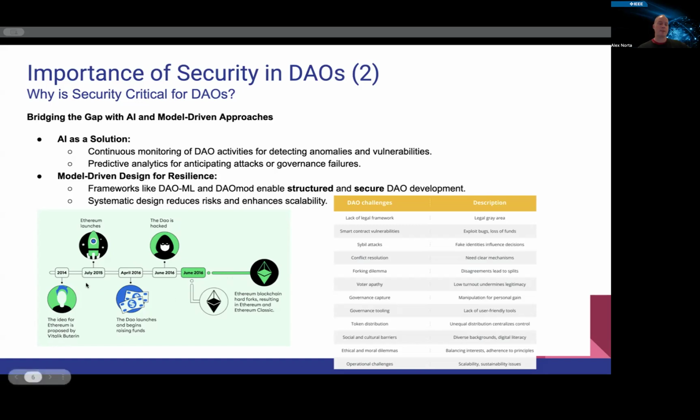The white paper for Ethereum came out in 2014, and then Ethereum was launched in 2015. And then in 2016, they became very bold. They wanted to have a really cool use case for Ethereum, and they created a crowdfunding DAO. They called it the DAO.